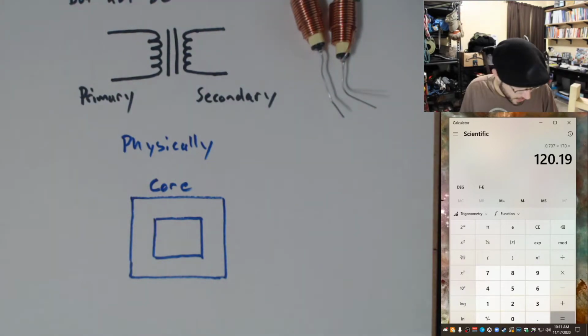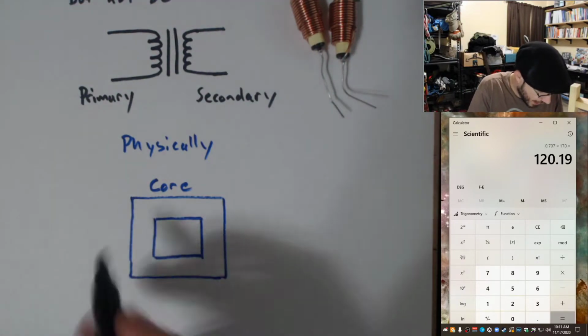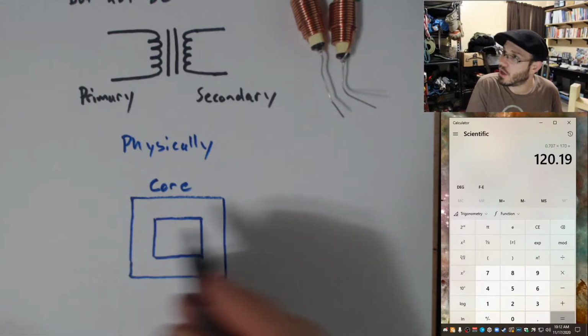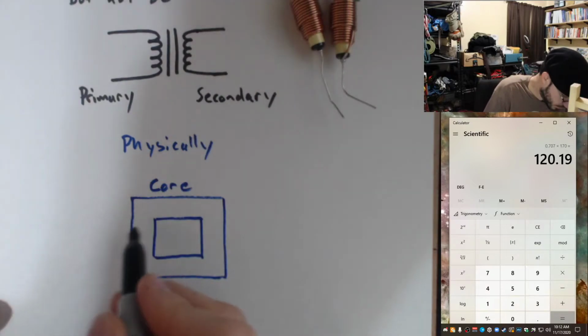Okay, so we have some kind of shared core, and then we're going to create our inductors around this core.